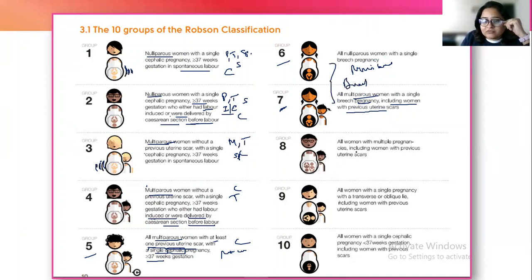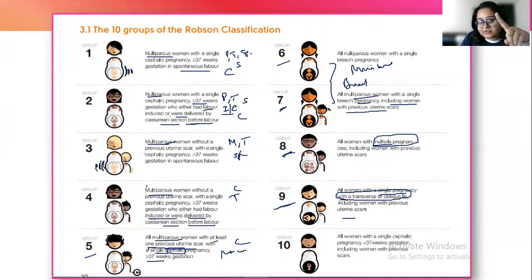Group 8 is all women with multiple pregnancies. All twins, triplets, quadruplets, irrespective of anything else, fall into group number 8, including women with a previous uterine scar. Group number 9 is all women with a single pregnancy with a transverse or oblique lie, including those with a previous scar.